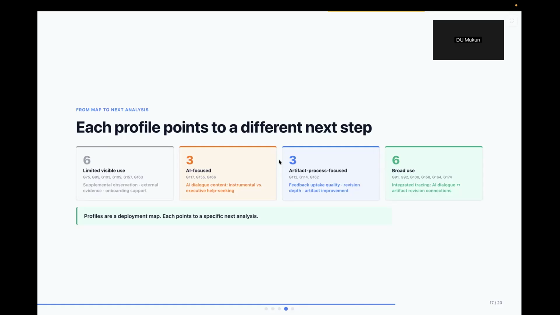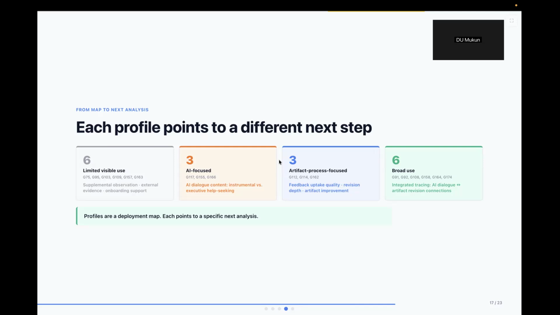For the limited and broad visible use groups, we may first try to update our system and ask them what difficulties they faced, and we could try to make the system better for them to use, or we may need to gather more information from their students.